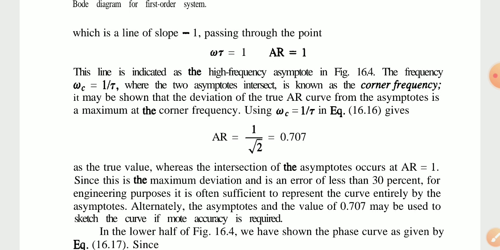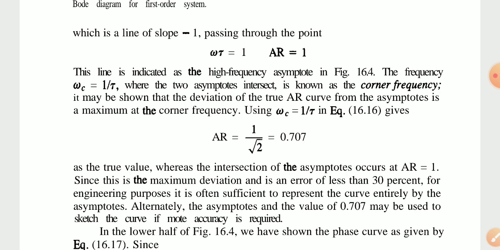It may be shown that the deviation of the true AR curve from the asymptotes is a maximum at the corner frequency, omega C equal to 1 by tau.